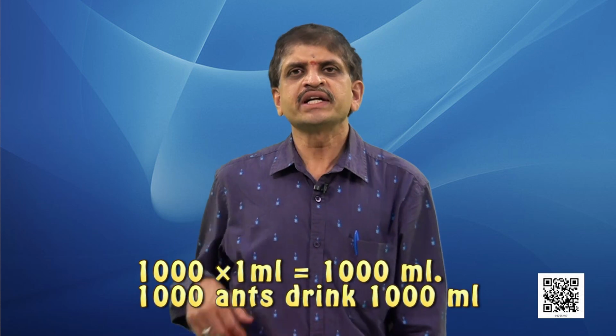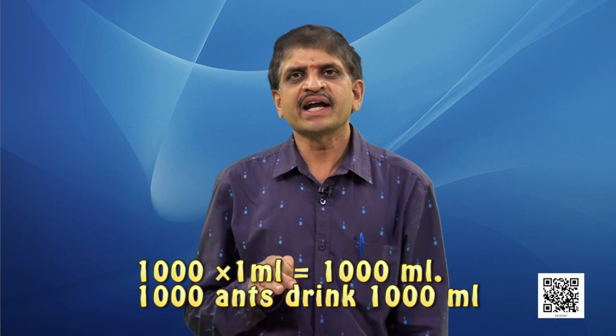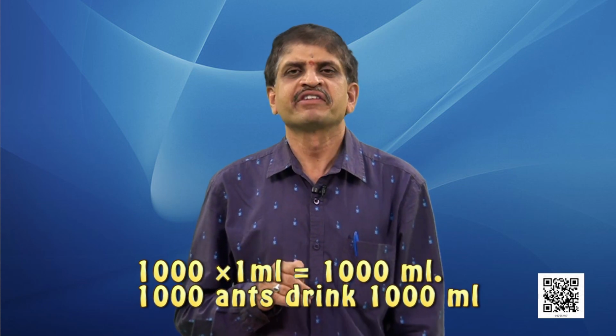Children, now you tell me how many milliliters of kheer 1000 ants can drink? 1000 into 1 ml is equal to 1000 ml. So, 1000 ants can drink 1000 ml of kheer. Now, the donkey is trying different ways of adding up to 1 liter.